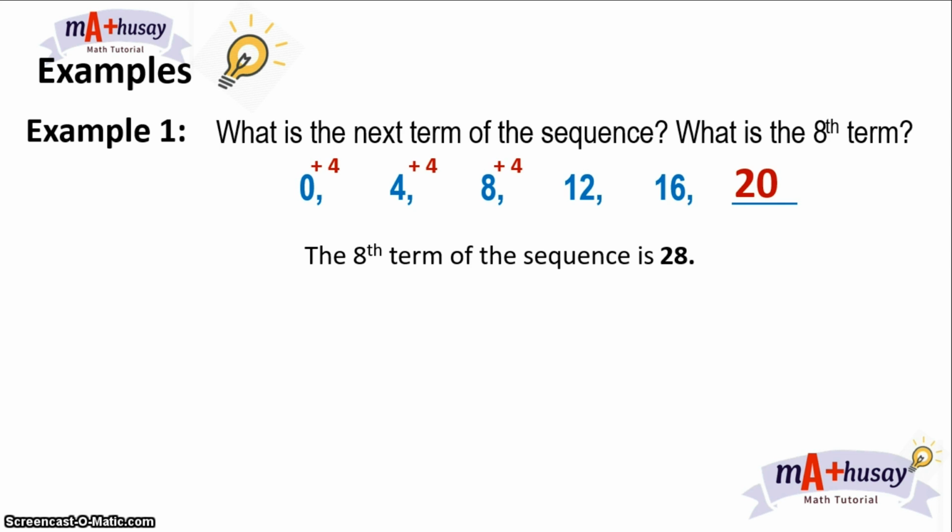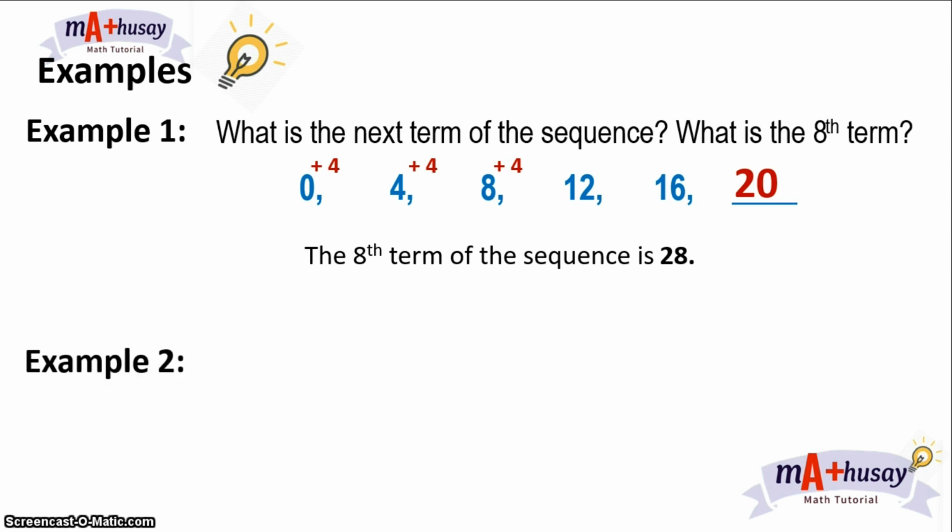So, we can now describe the sequence as after the first term, each term can be generated by adding 4 to the preceding terms. So our answer here is the next term is 20 and the 8th term is 28.